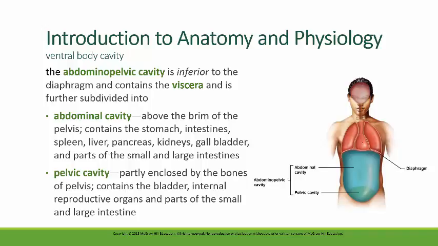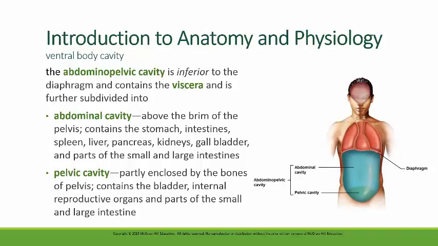We can further subdivide the abdominopelvic cavity into the abdominal cavity. That's everything that's superior to the brim of the pelvis, there where you put your hands on your hips, and inferior to the diaphragm.